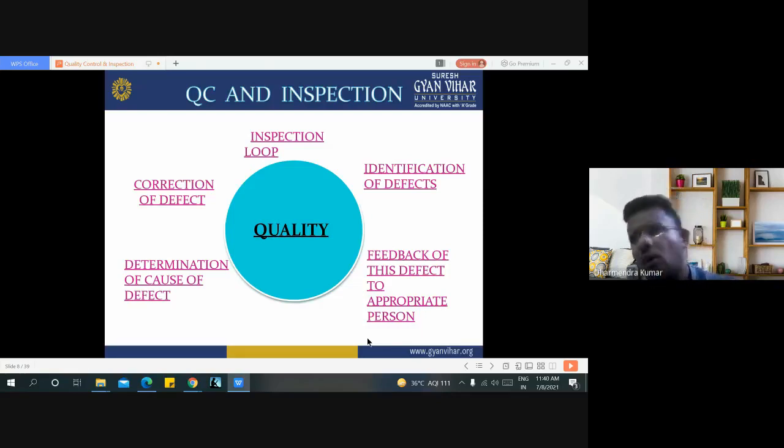Identification of defects: on the basis of examining the parameters or testing the parameters, we find various types of defects and the reason behind these defects, and finally we try to find out the method for elimination of these types of defects which we found during the inspection of that particular object or that particular machining process or the quality of the raw material.